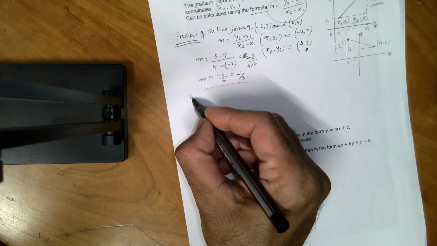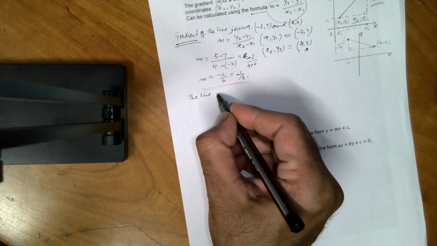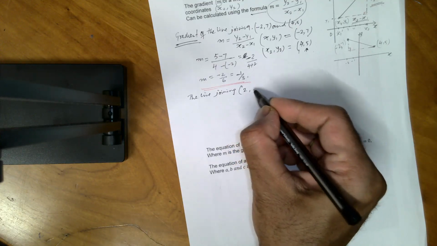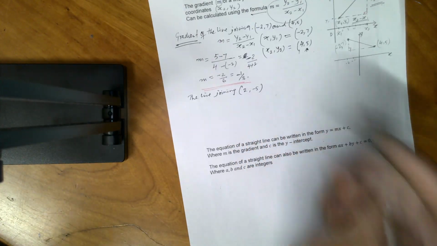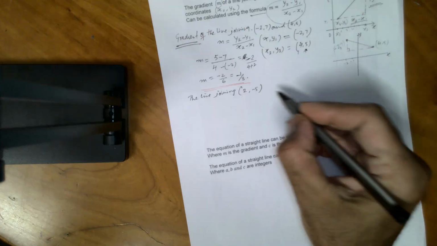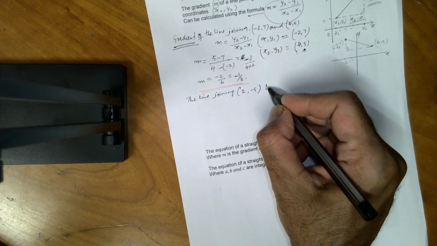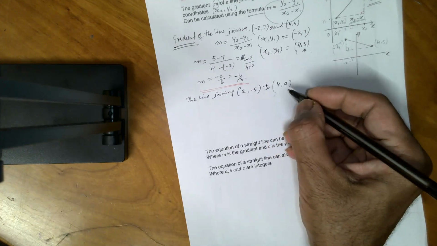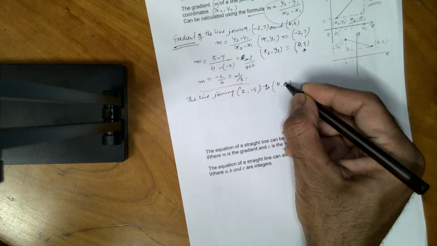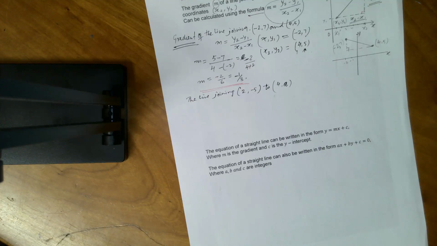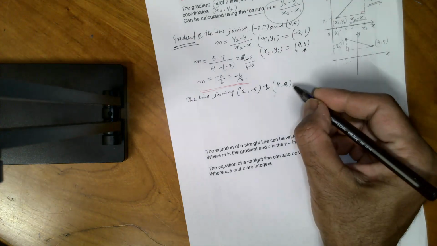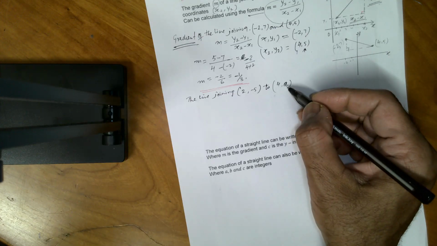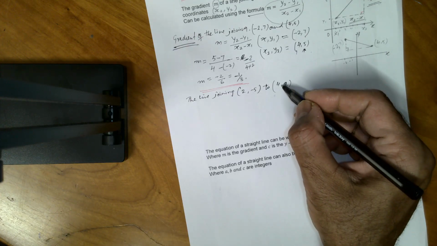It says the line joining 2, -5 and 4, A. When you see this A here, somehow they will ask something about A. So 2, -5 is given to you, 4 is given to you, but A is not given to you.